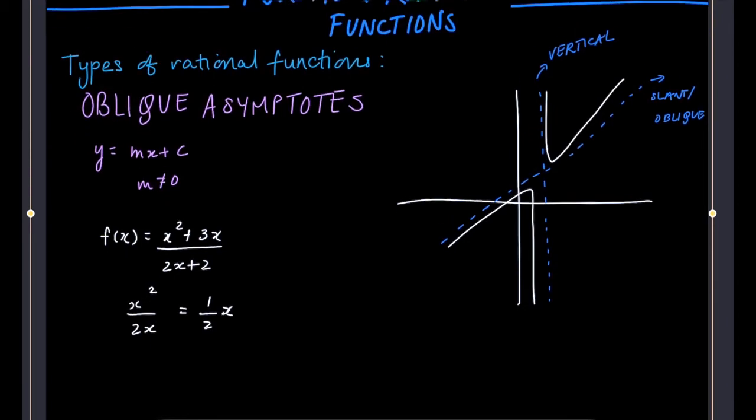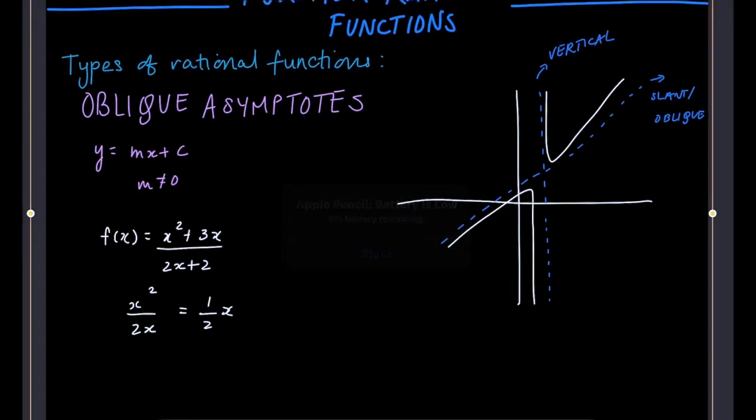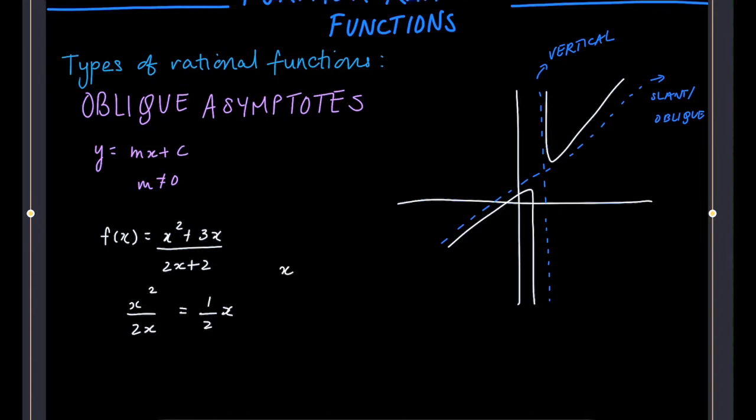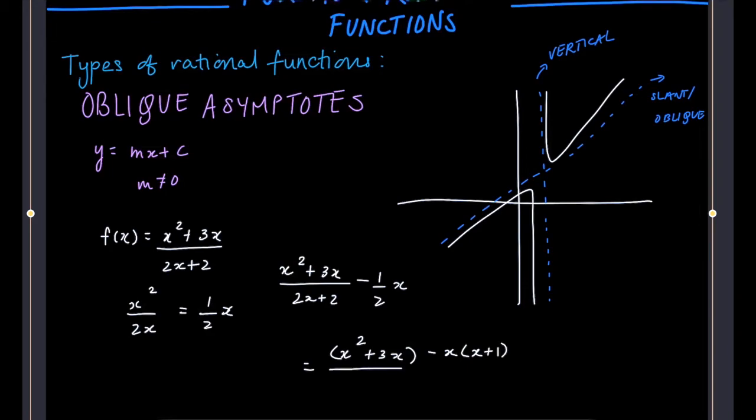And now if we consider the difference between this expression and the function value, we can see that x squared plus 3x over 2x plus 2 minus 1/2 of x, this would give us x squared plus 3x minus x times x plus 1, if we factorize it, over 2x plus 2, which would give us 2x over 2x plus 2.